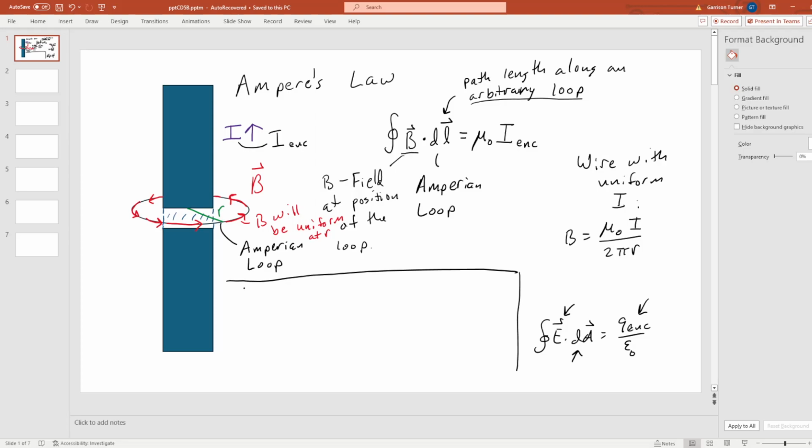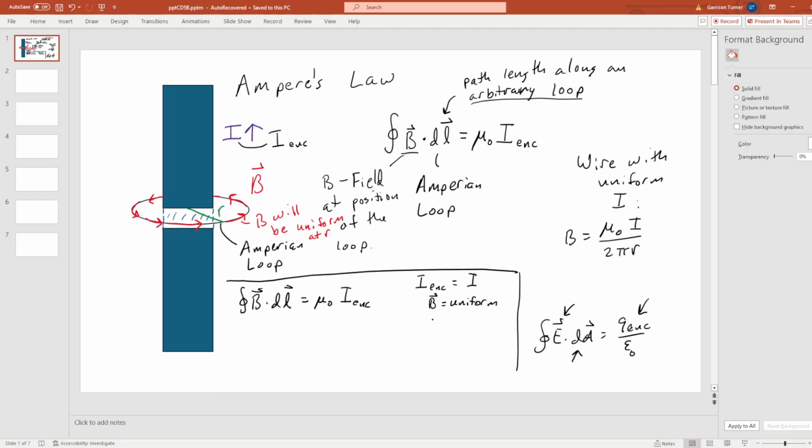Okay? So the integral of B dot dl, the closed integral, so this means over the entire path of my Amperian loop, is equal to mu naught times I enclosed. But I'm enclosing my entire current, so I enclosed is equal to I, and B is uniform. Okay?